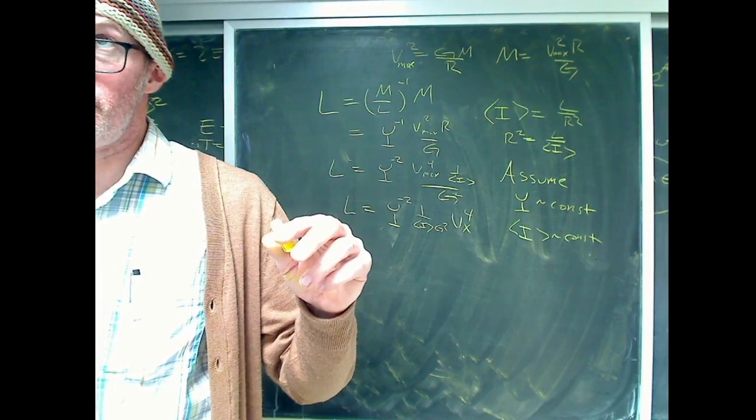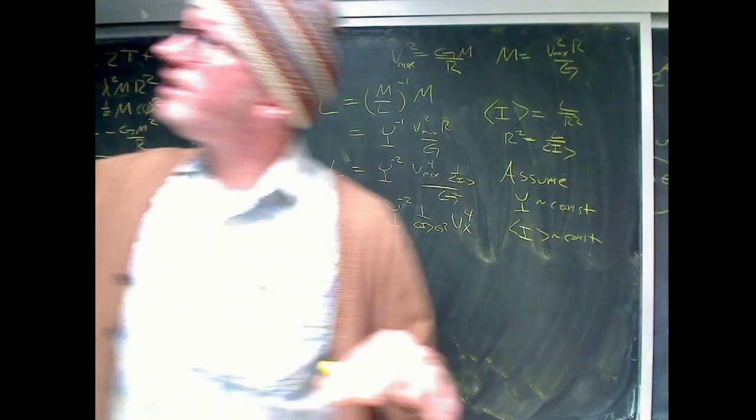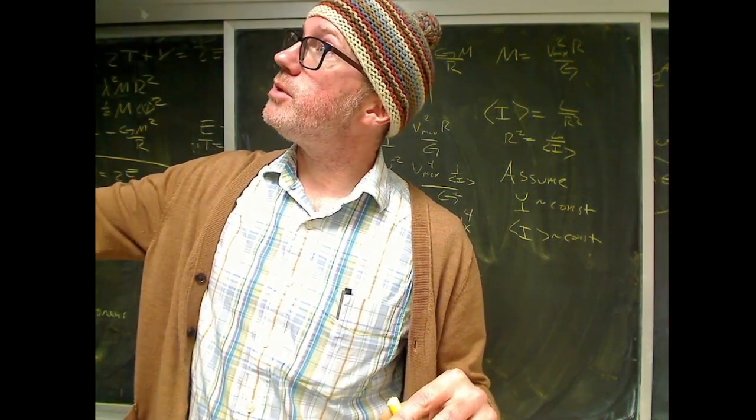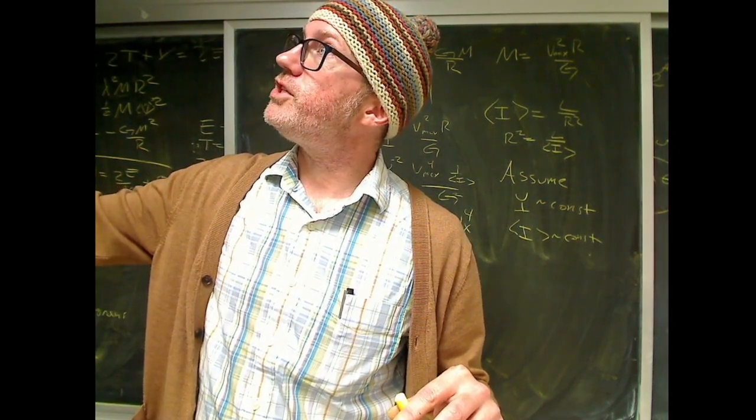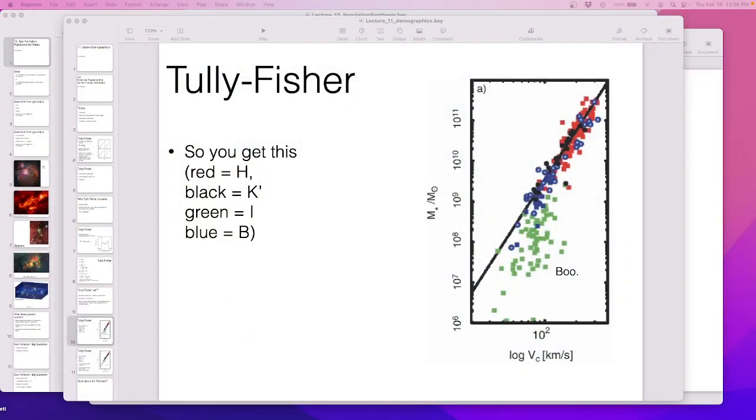Sorry, there's a point that I wanted to make about why this works. So the last thing that the book brings up about Tully-Fisher is this baryonic Tully-Fisher. And there's an argument here that I forgot to remind myself how it works. So I gotta go remember how that works and come back to you later.